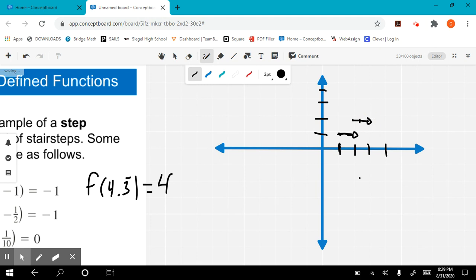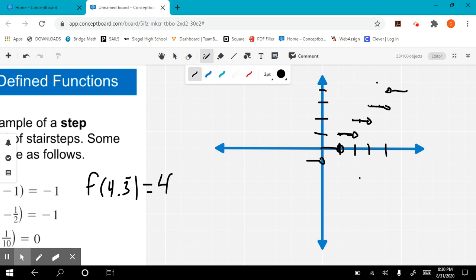Once I get to 3, the y value is 3. 3.1, 3.2, I drop off the points all the way out till I get to 4. And so we have this graph that looks like this, and it keeps going, down here.